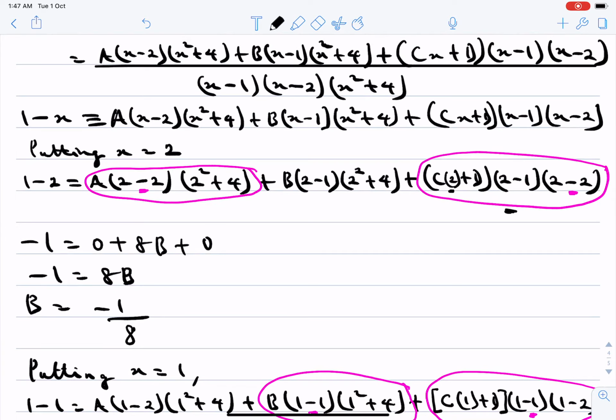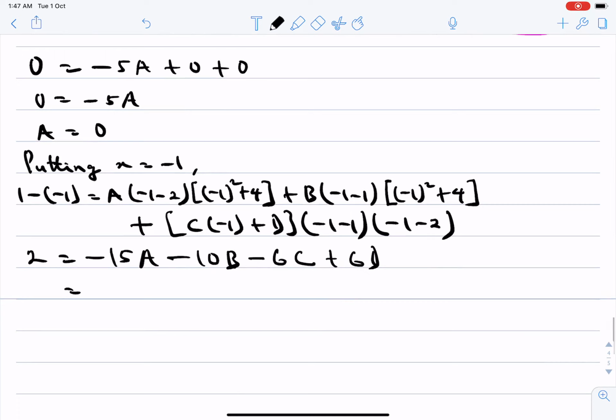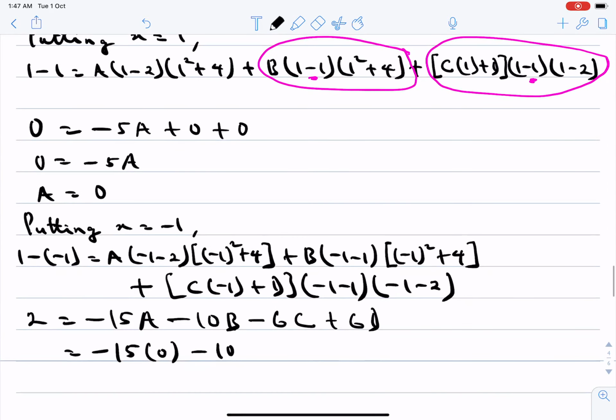Alright, there's no problem. Let me just leave it this way. Let me substitute the values of a and b. And that means minus 15 times 0 minus 10 times b, which is minus 1 over 8.